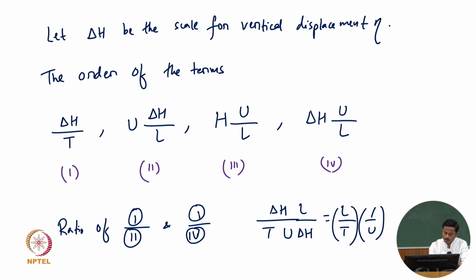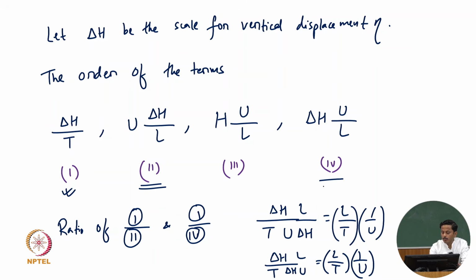Similarly, for this ratio 1 by 4, we have delta h by t, and delta h u by L, which gives rise to L by t and 1 by u. So the numerator is much greater than the denominator, hence the first term, that is 1, dominates over 2 and 4.